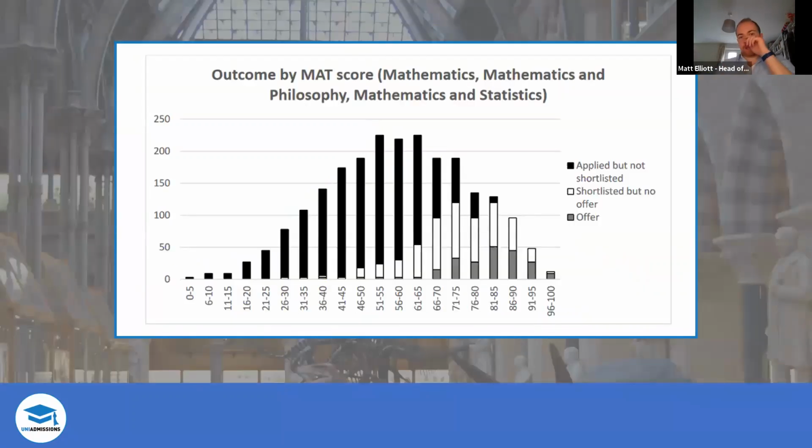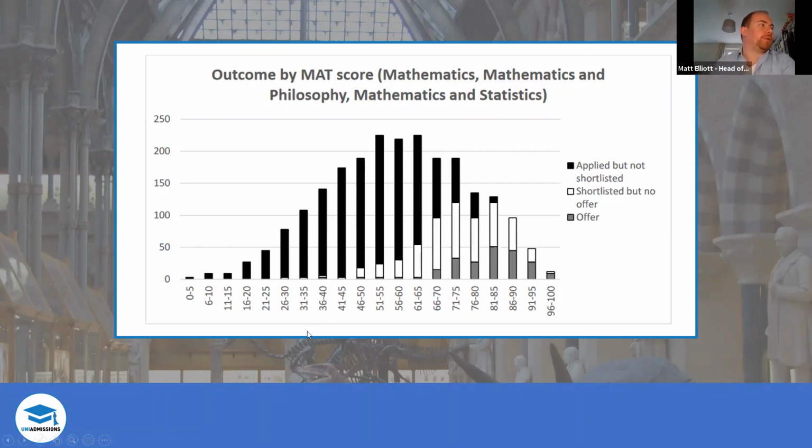We see the same thing in the MAT, which is the Oxford Maths test. Again, we mentioned earlier that the personal statement is of relatively little importance for maths, probably to do with maths not really involving any essays. And you can see here an almost perfect bell curve type distribution of the performance in the MAT.